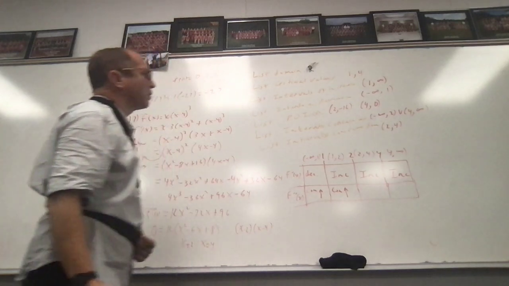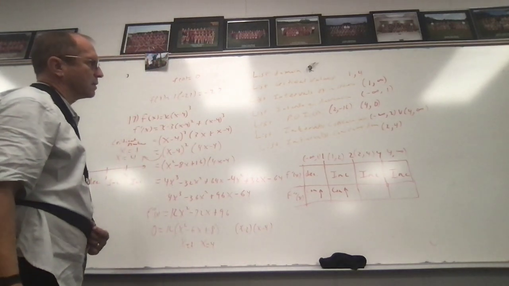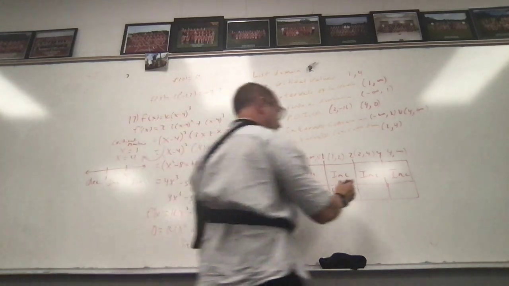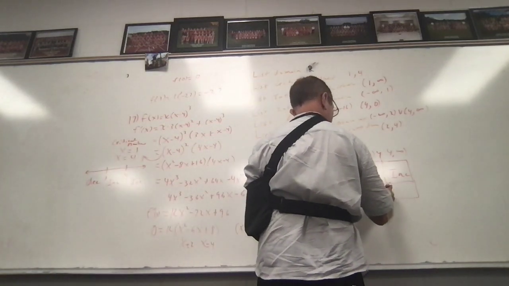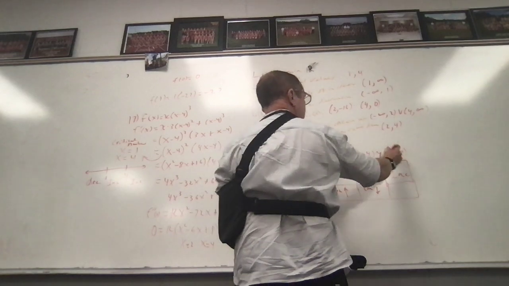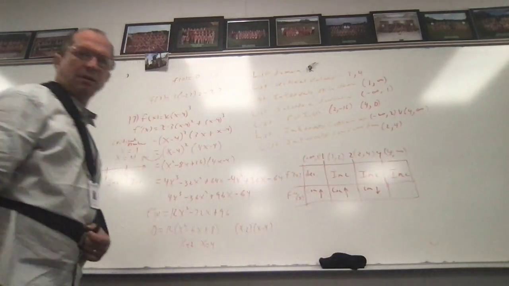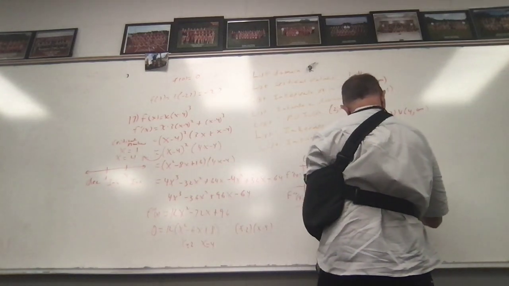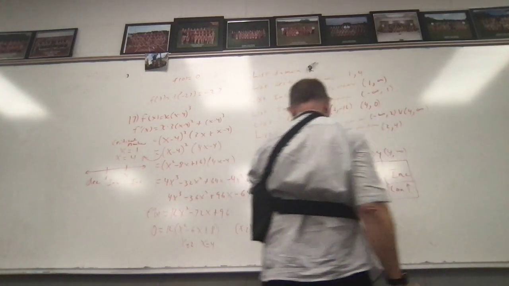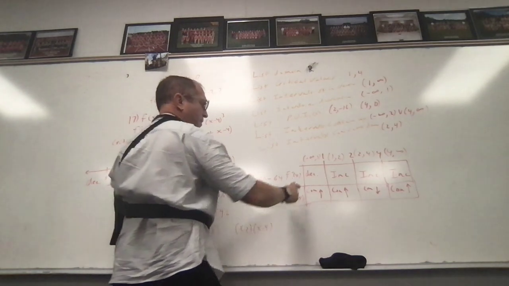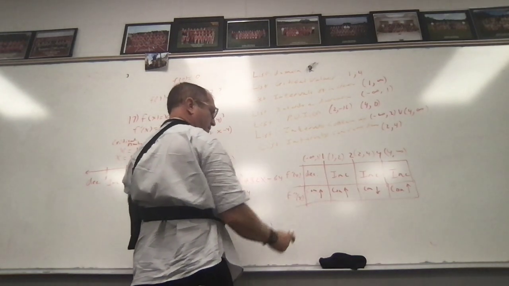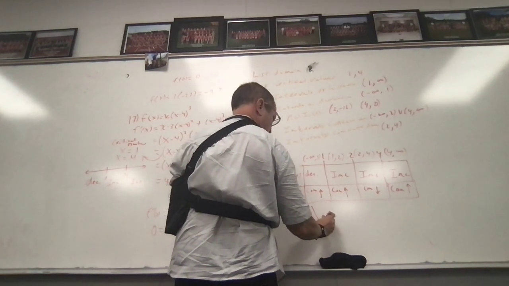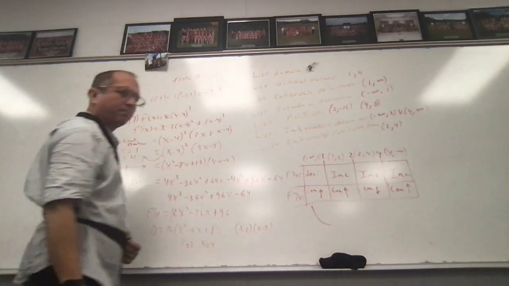But from 2 to 4, what do I know as far as my concavity is concerned? I'm not decreasing, but concave down. And then from 4 to infinity, what's happening? I'm concave up. All right, so let's think about what these graphs will look like. If I'm decreasing and I'm concave up, then that's going to take on some form of shape like this.